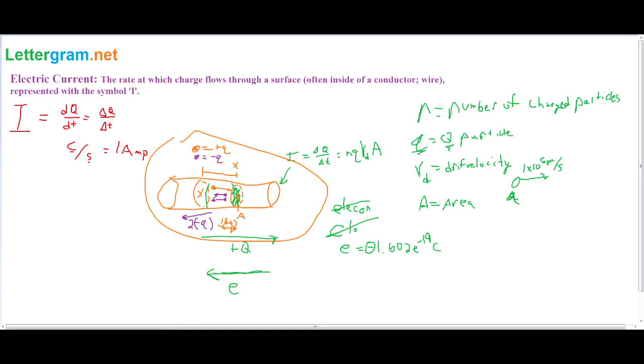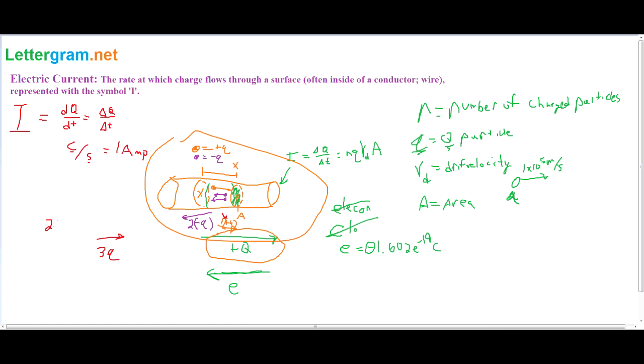Since the definition that we're going to use is always the direction of positive charge, what you would do is, although this is negative, because it's going opposite to this positive Q right here, you will actually have 3 Q going total in this direction.